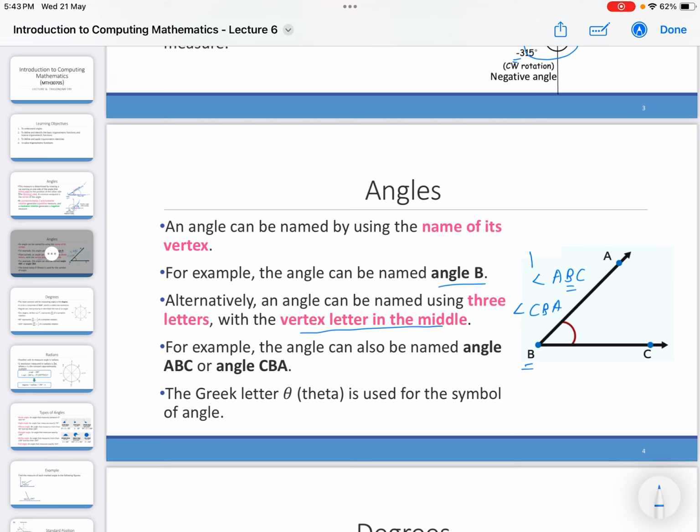This one is the symbol for angle. It's like this. The Greek letter theta is normally used as the symbol of an angle, but sometimes we can use other symbols as well. We can use x, alpha, or anything.